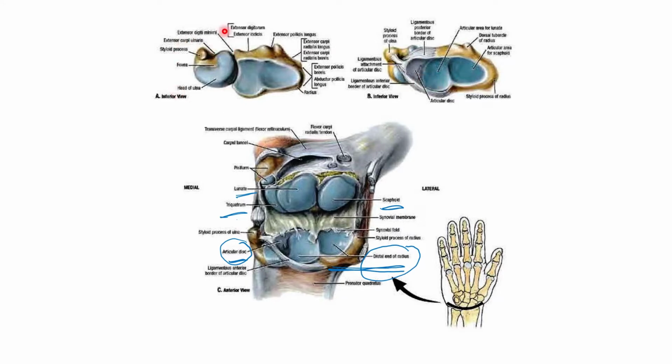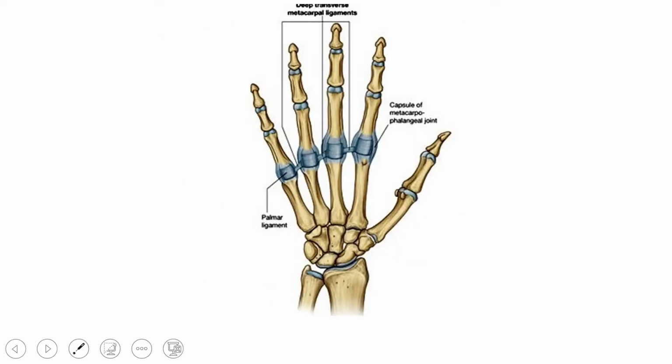The ulna is excluded from the formation of the wrist joint. Yes, the head of the ulna or the styloid process of the ulna is not involved in formation of the wrist joint. So this is about the articular surfaces of the joints. In this picture we can see the lower end of the radius, and the relationship between the ulna and the carpal bones.